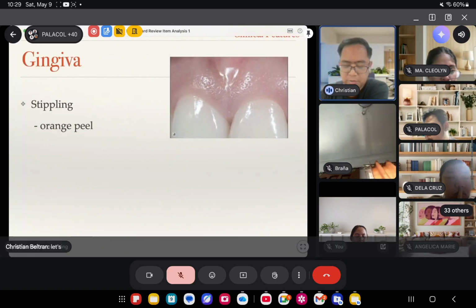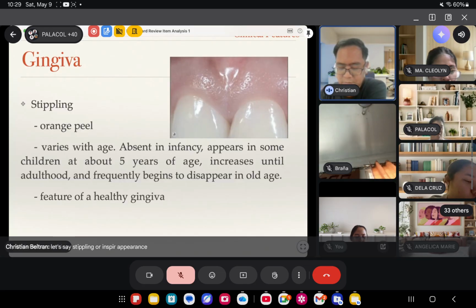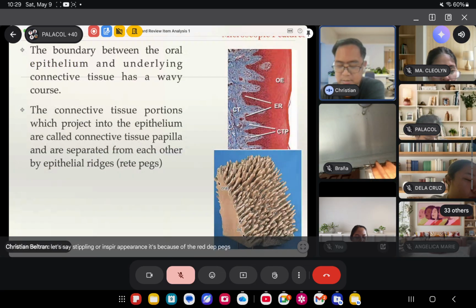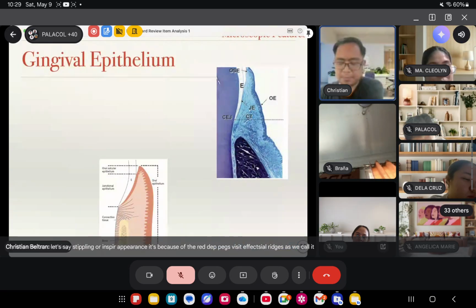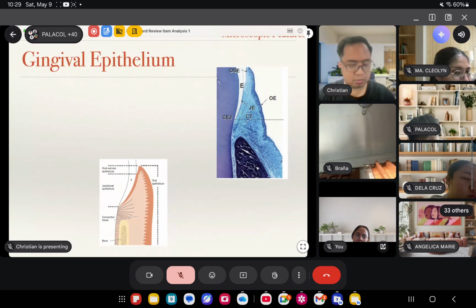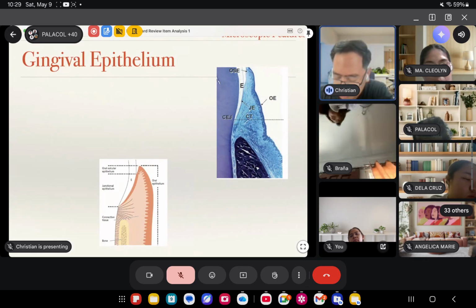So that's your stippling, the orange peel appearance. It's because of the rete pegs, these depressions. Epithelial ridges, as we call it. So we have here the oral epithelium.